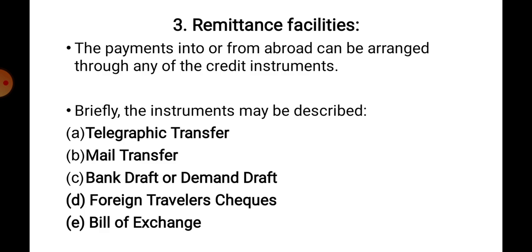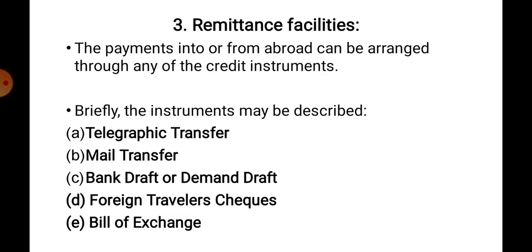Third function, remittance facilities. An importer in any country has to pay the overseas exporter. Similarly, a foreign exporter has to receive payment from abroad. The payments into or from abroad can be arranged through any of the credit instruments.